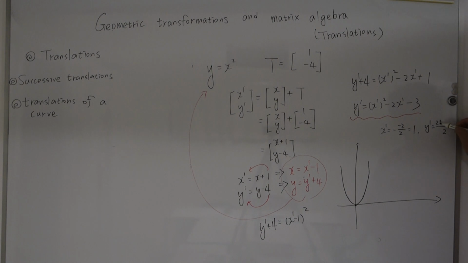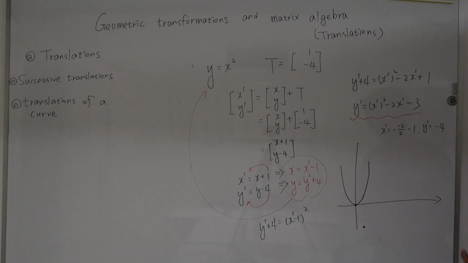Oh sorry, we just sub in back. If 1 is subbed in, we get y' equal to 1 minus 2, negative 1 minus 3, negative 4, right? So we get (1, -4).